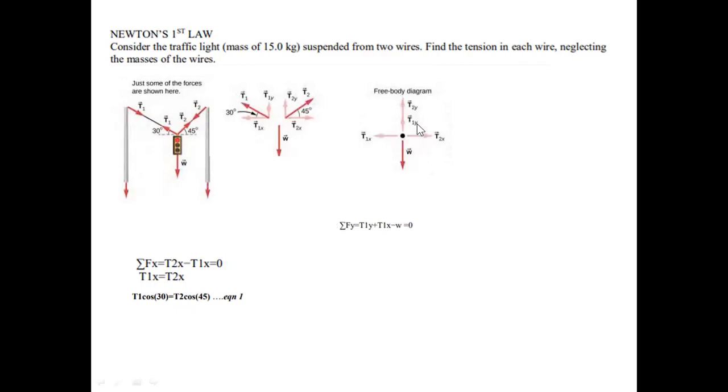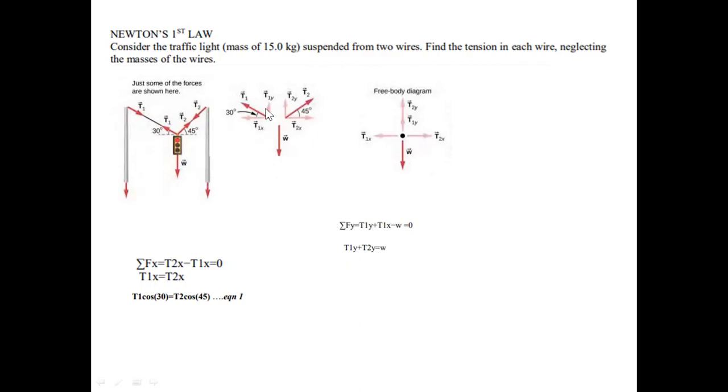Forces going upwards are positive and forces going downwards are negative. So T2y plus T1y minus W equals 0.